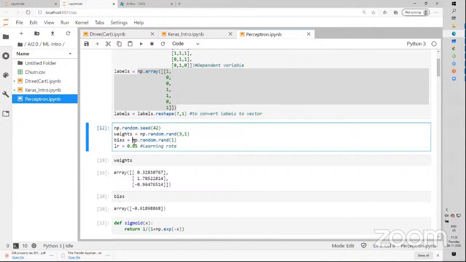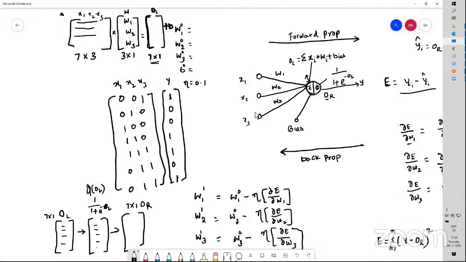Okay. And similarly, I am generating np.random, using the random generator, another one, only a single element, that is the bias. So this is how we are generating the bias, because the bias term is going to be only one value, and we will add that value.